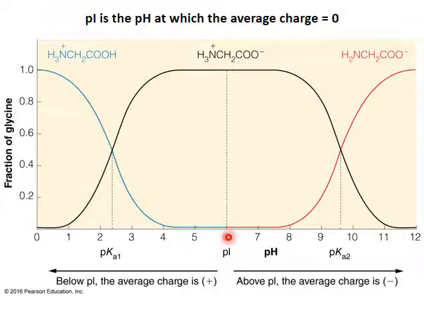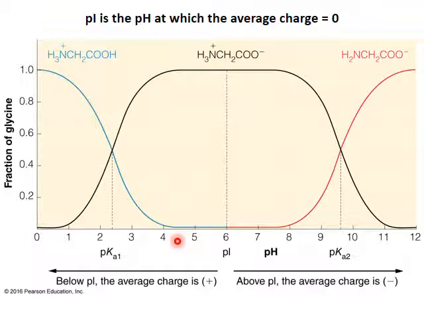If the pH is below the pI, you're going to have more of the positive species present. So it is very useful to know the pI of a molecule, because if the pI is equal to the pH, the molecule is electrically neutral. This is the zwitterionic form. If the pH is above the pI, the molecule is going to have an overall negative charge. If the pH is below the pI, the molecule is going to have an overall average positive charge.